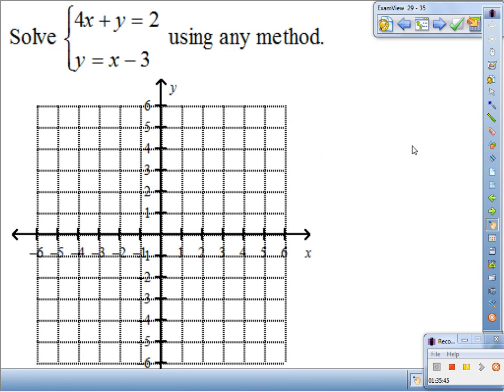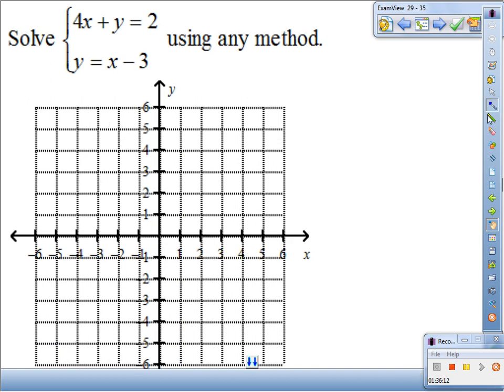It says, for number 29, solve this system using any method. Look at it. Before we do that one, tell your neighbor what different methods do we know to solve a system of equations. All right, let's see.